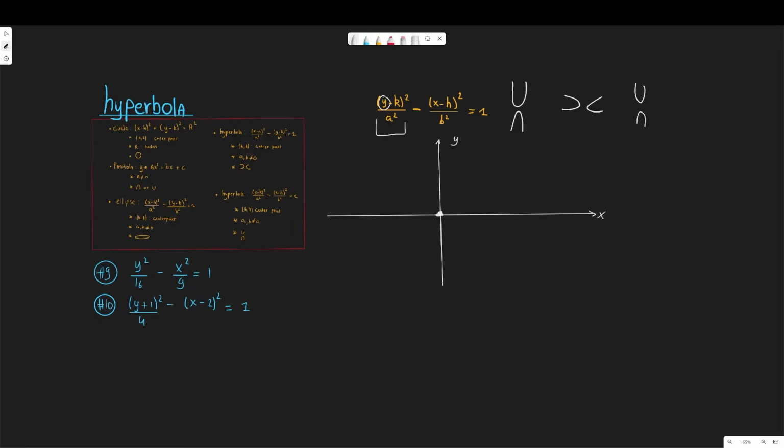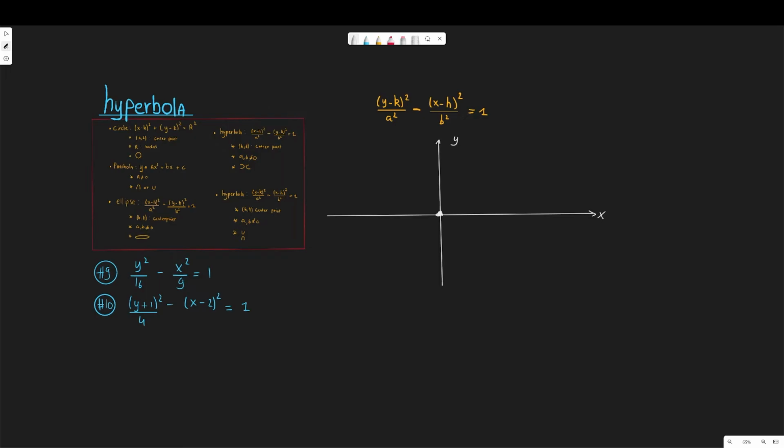Well, when the first term is in terms of y, then it will be along the y-axis, so we'll have this form. And when you have the form right over here, the first term is in terms of x, so then it will be along the x-axis. So this is the x-axis, so it will be something like this. So that's one way to remember it.